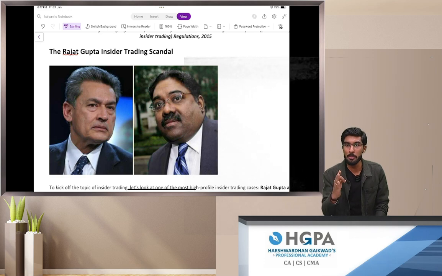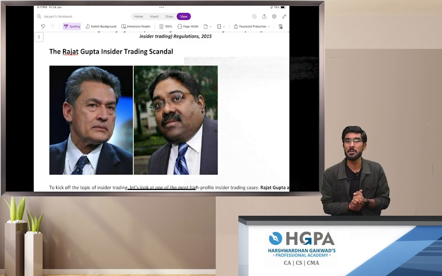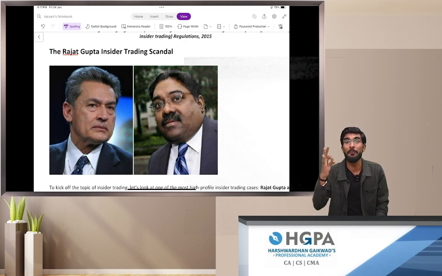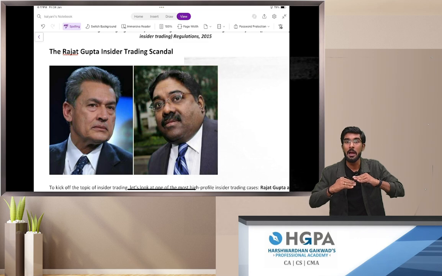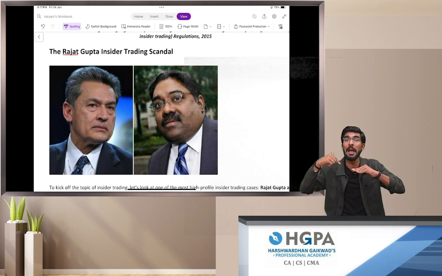But Rajat Gupta transferred this message to his friend Rajaratnam. What Rajaratnam did was immediately buy 1,75,000 shares of Goldman Sachs, because the bank's stock price was very low.